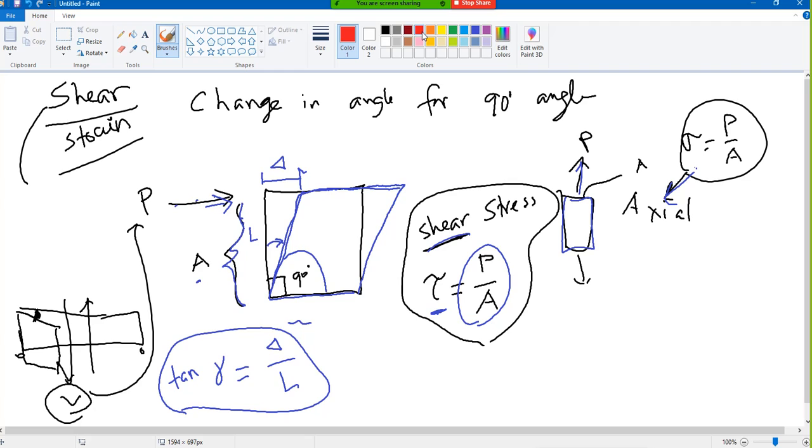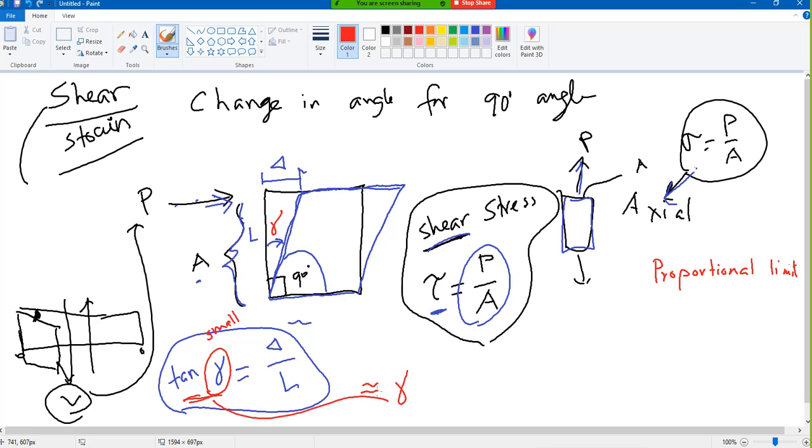This concept is valid only in the proportional limit or elastic limit. That means at the very beginning, when your deformation is very small. If your deformation is very small, this is gamma, that means gamma is very small. So you will agree with me, if gamma is very small, then tan gamma will be just gamma.